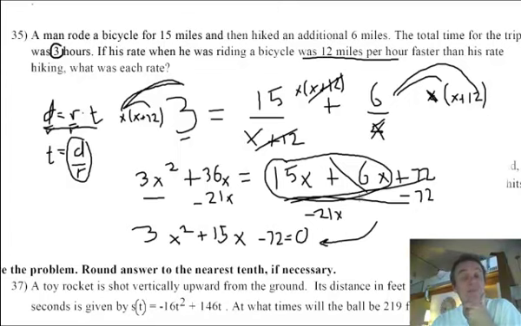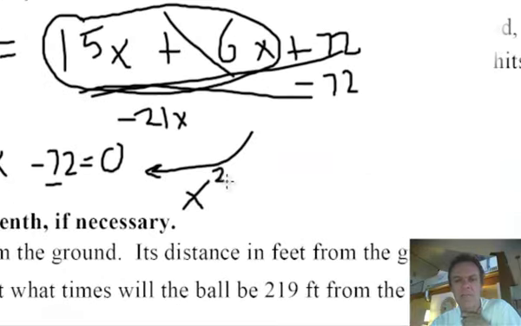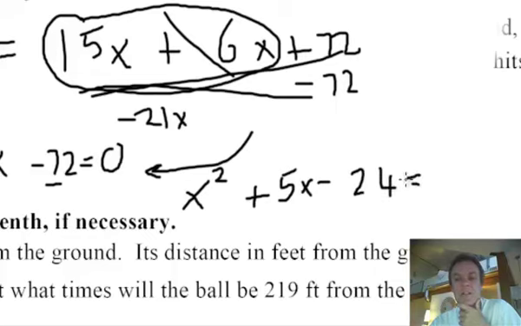Now, to me, it looks like everything can be divided by 3. Look, that, and that. So we're going to get x squared plus 5x minus, what's that, divided by 3? Totally blanked out there, 24. Equals 0.